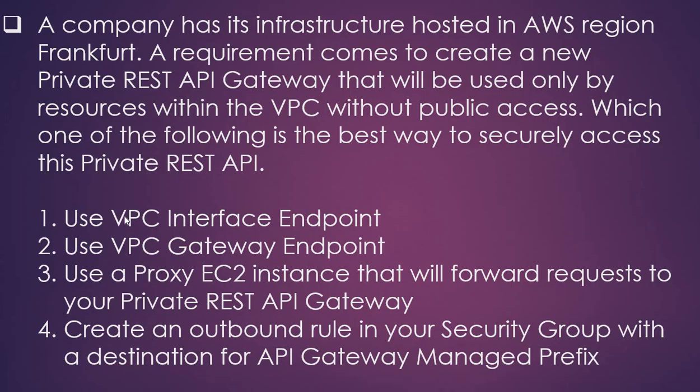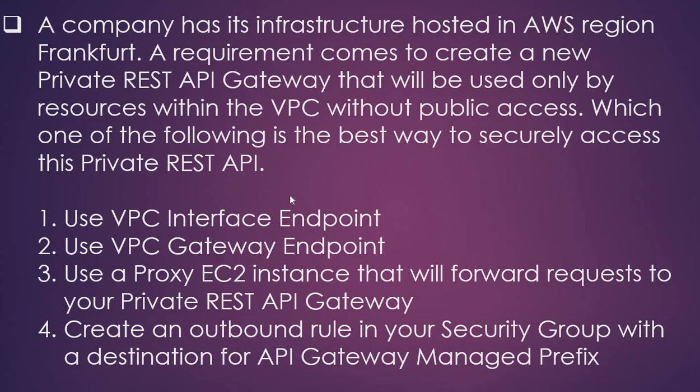The options are: use a VPC interface endpoint, use VPC gateway endpoints, use a proxy EC2 instance that will forward requests to your private REST API gateway, or create outbound rules in your security group with a destination for the API gateway managed prefix.